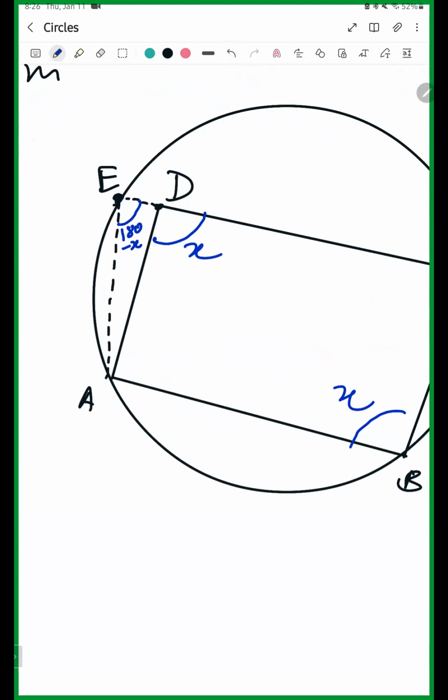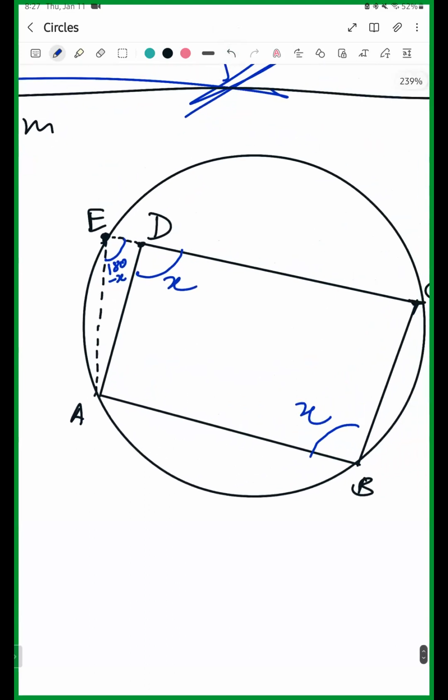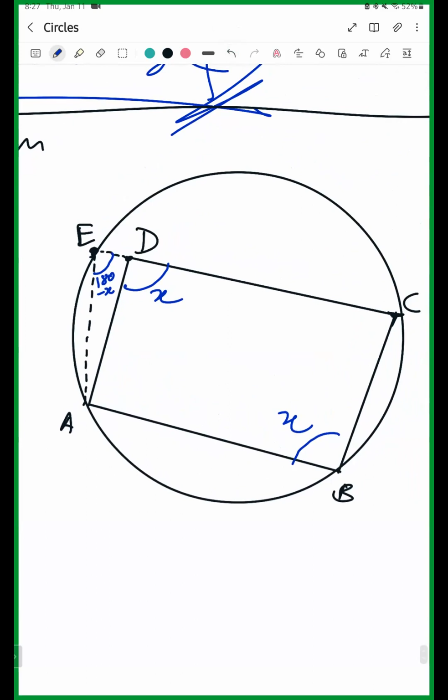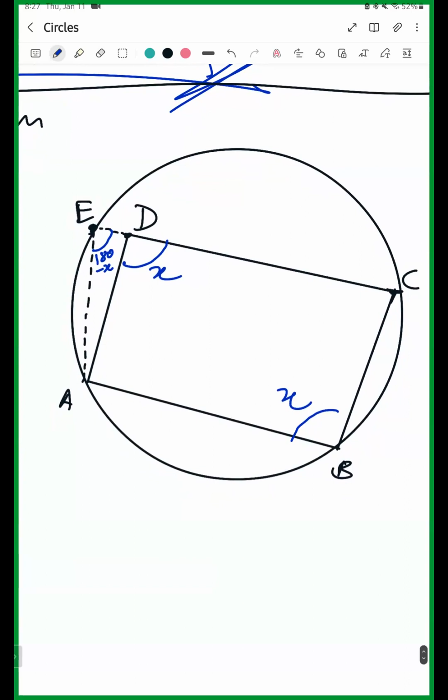AED plus angle ABC is 180. One more thing.